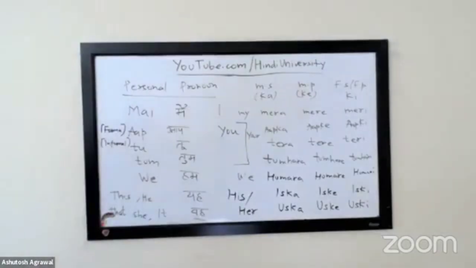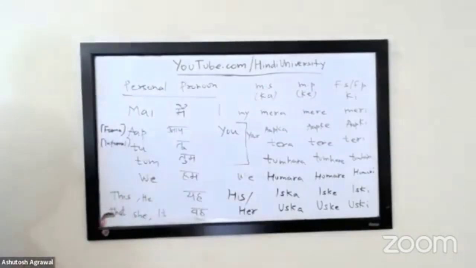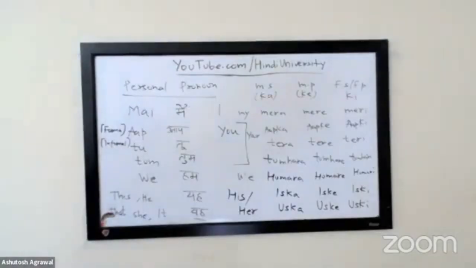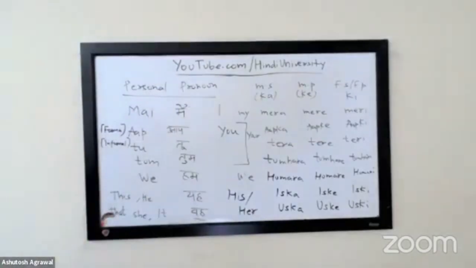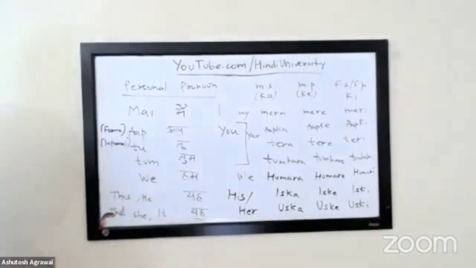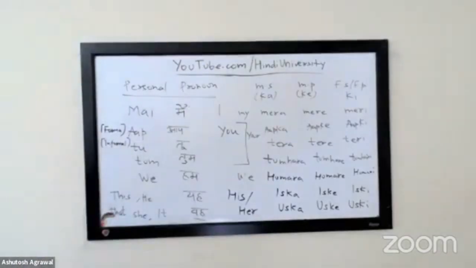When you use it with hum, which is we, it becomes hamara, hamare, and hamari, which means ours. When you use it with yeh, it becomes iska, iske, and iski. When you use it with vah, with he and she, it becomes uska, uske, and uski.